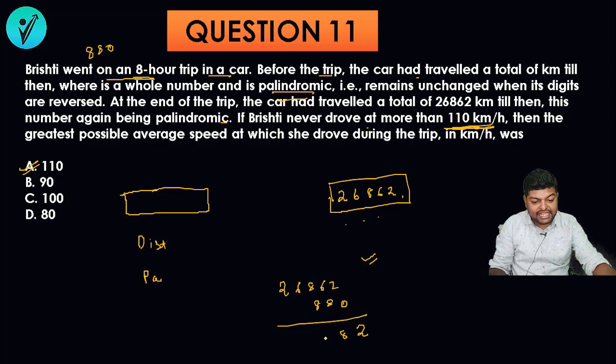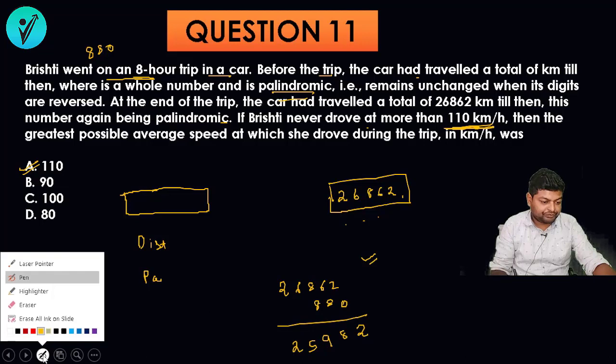Then 7 minus 8 is 9. Then it will be 5 and 0, 8, 8, 16, 9 and 8 is 17, 18. So is 25982 a palindromic number? If I'm traveling at 110 kilometers per hour, I don't get a palindromic answer, so this is not the answer.